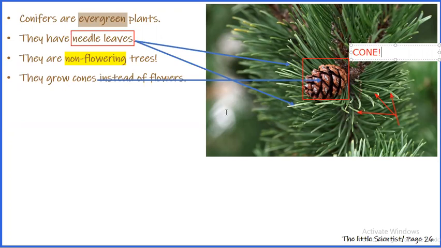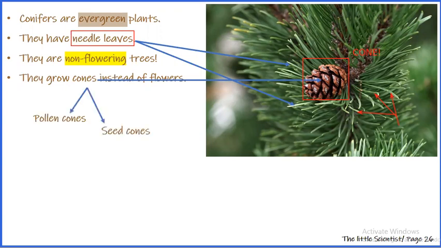Okay? Let me repeat. A conifer is an evergreen tree that has needle-like leaves and that grows cones instead of growing flowers. There are two types of cones, male cones and female cones.